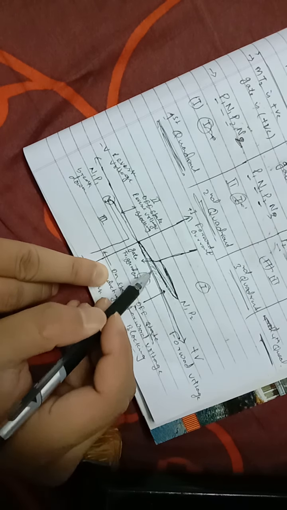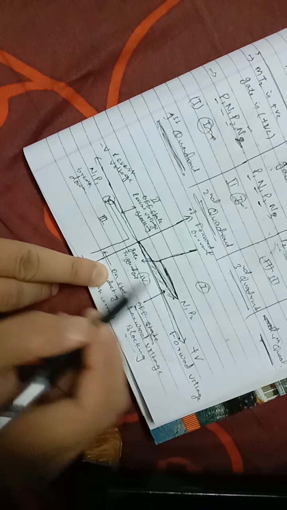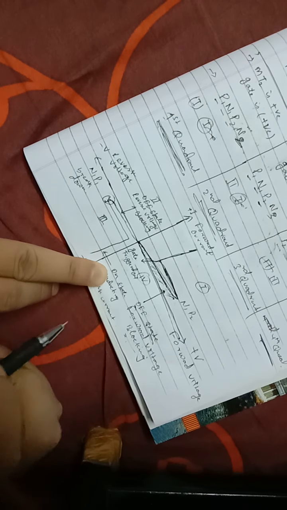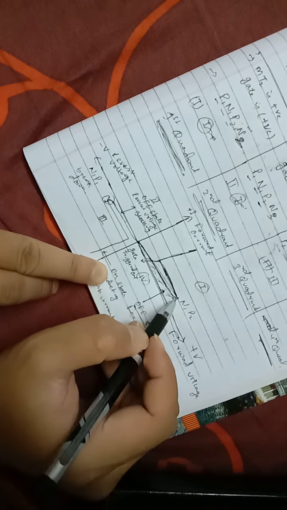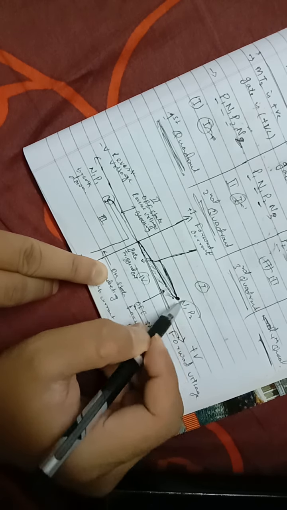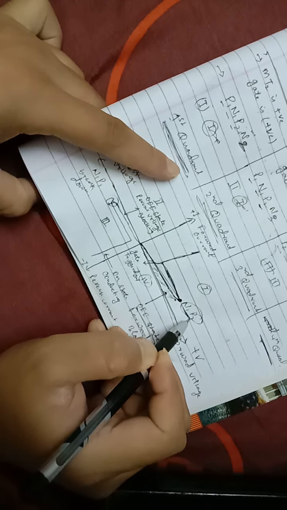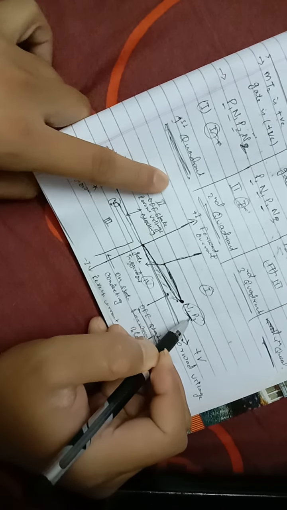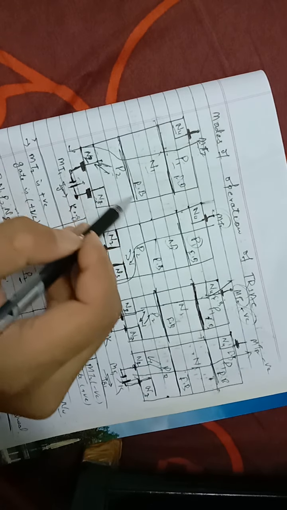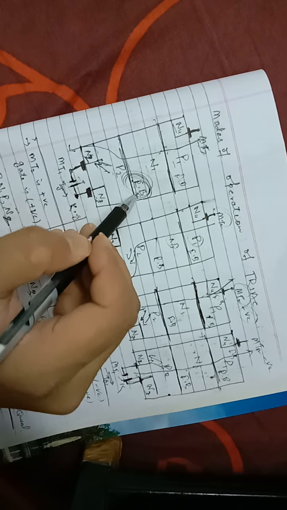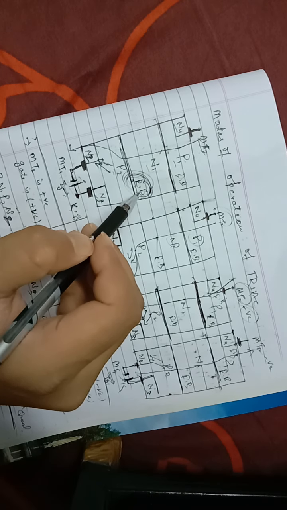TRIAC is in forward voltage blocking mode. Okay, and this junction is your N1P2 junction. This is your forward breakdown in a forward bias junction.